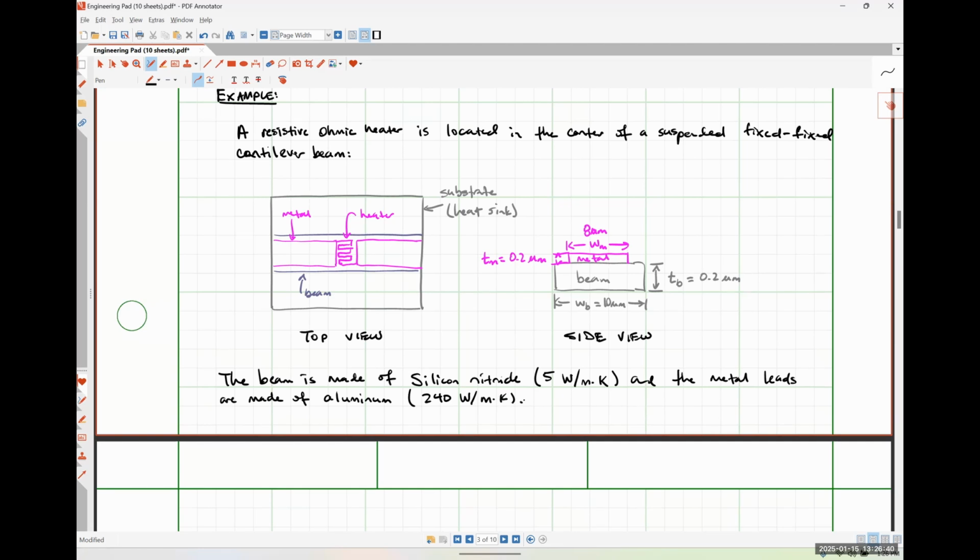I've got the beam is 10 microns wide. So this length, let's put this on here. The length of the beam is 100 microns long.